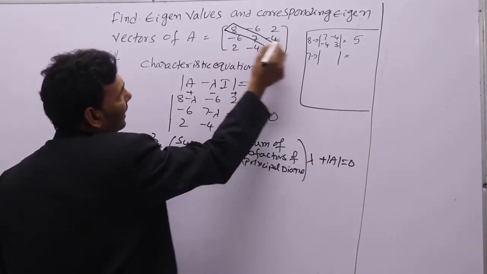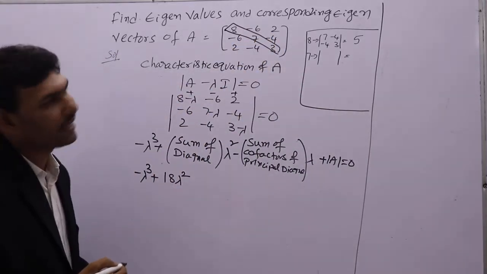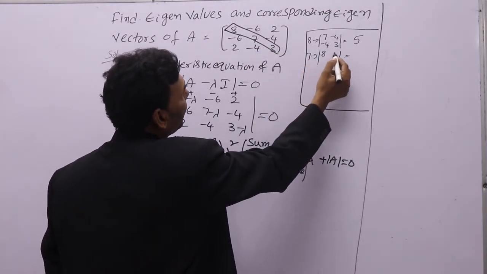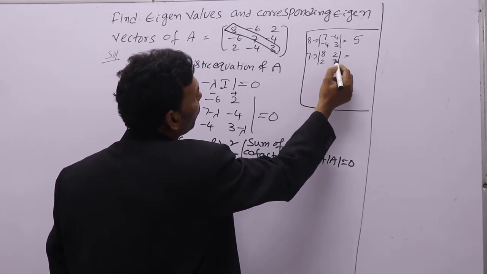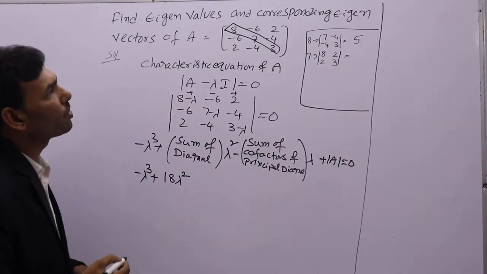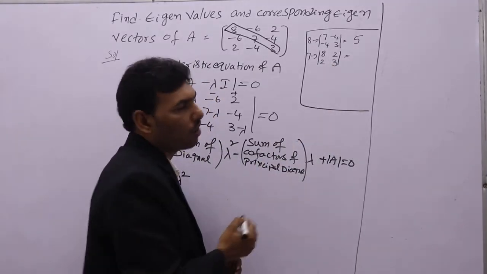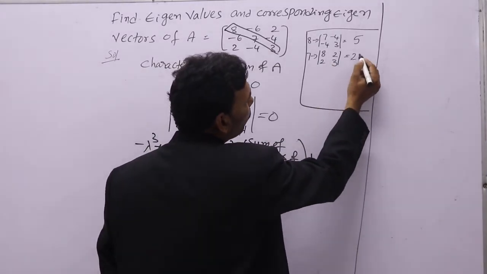Second row, second column is eliminated. If you eliminate the second row and second column, you will get 8, 2, 2, 3. 8 3s are 24, 2 2s are 4. 24 minus 4, 20.